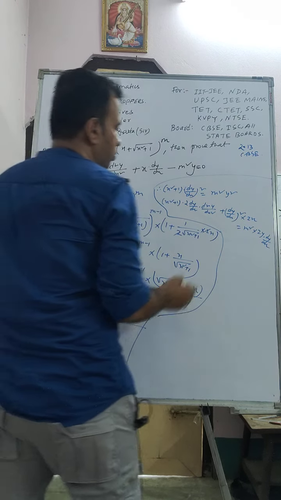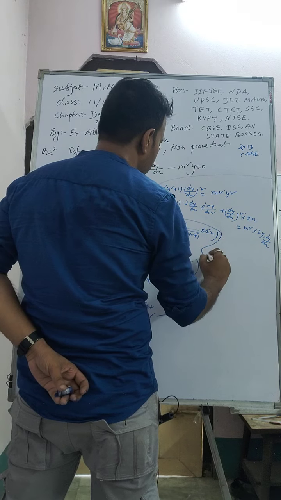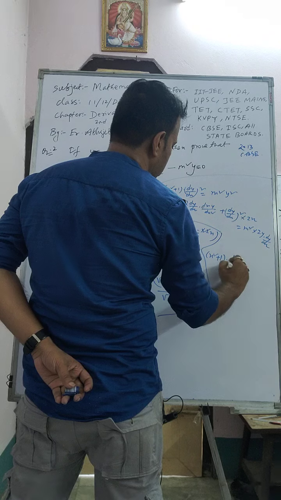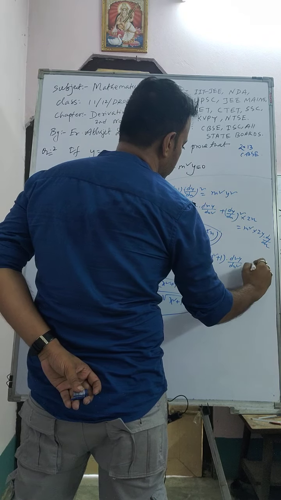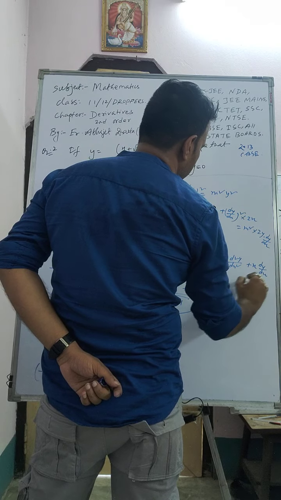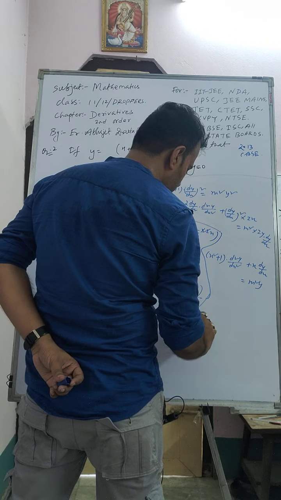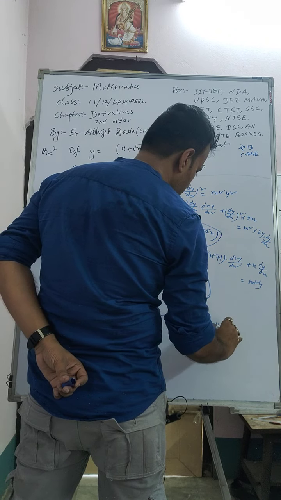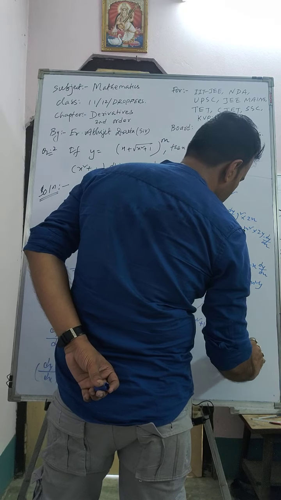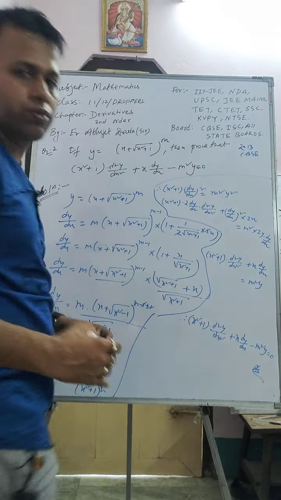So dy dx from both sides will cancel out. So x square plus 1 d square y dx square plus x dy dx minus m square y equals 0. So this is the final answer.